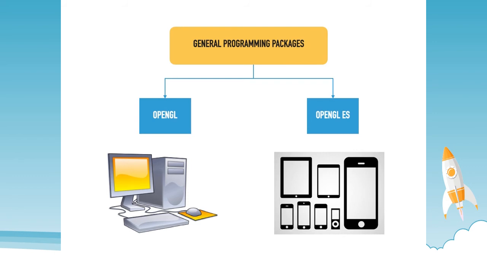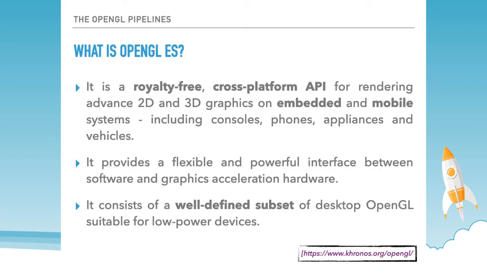On the other hand, OpenGL-ES is a royalty-free cross-platform API for rendering advanced 2D and 3D graphics on embedded and mobile systems, including consoles, phones, appliances, and vehicles.